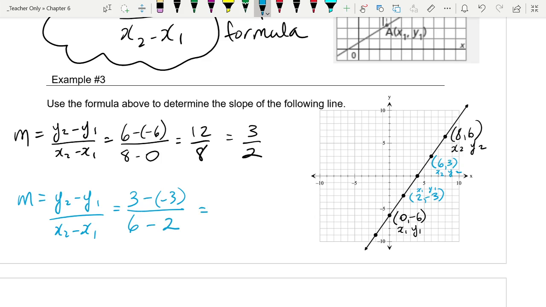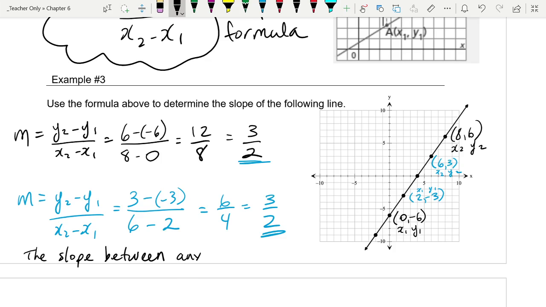Looks like I'm getting a different number until you look at it more closely. What can you do with 6 over 4? You can divide top and bottom by 2. And you get the same thing. The slope between any 2 points on a line is constant.